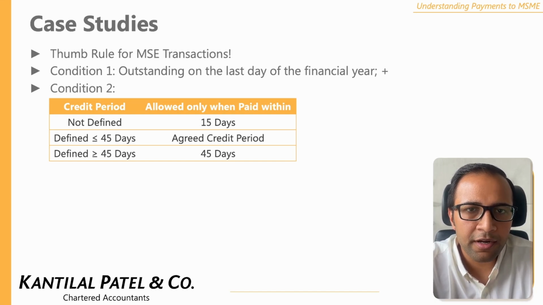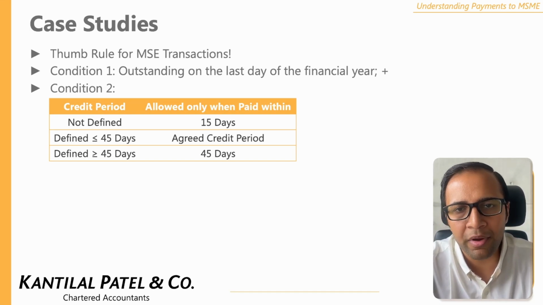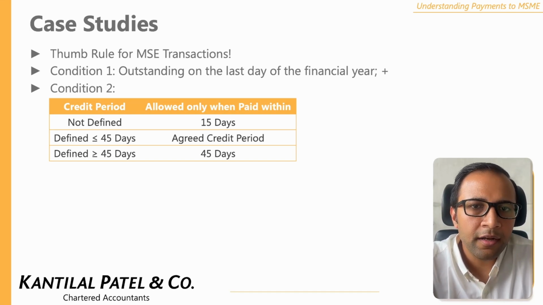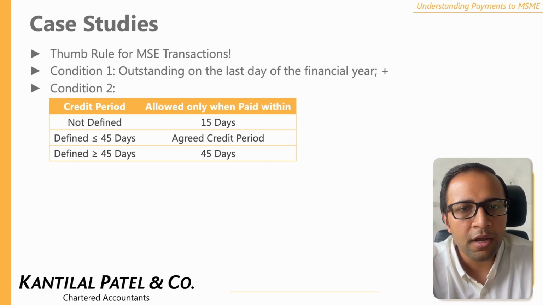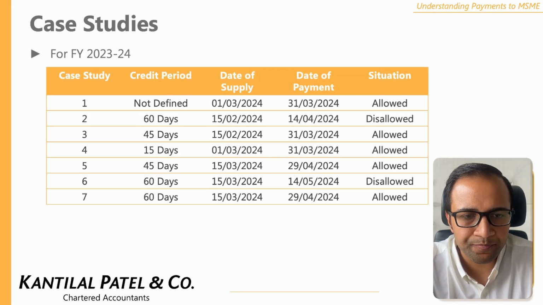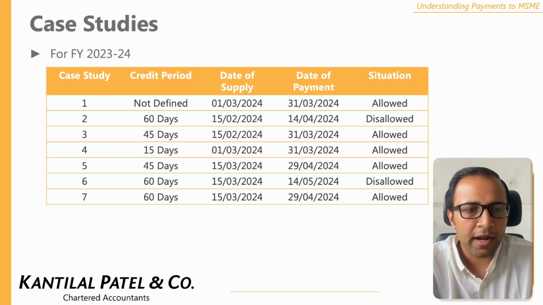If the credit period is defined and it's less than 45 days, it has to be paid within the credit period. And if it is agreed between the parties but it's more than 45 days, then the Act comes into picture and 45 days is the cap. And if the payments are made within this date, then the deduction is allowed. If it is not done within these dual conditions, the expenditure that is claimed as a deduction would have to be disallowed.